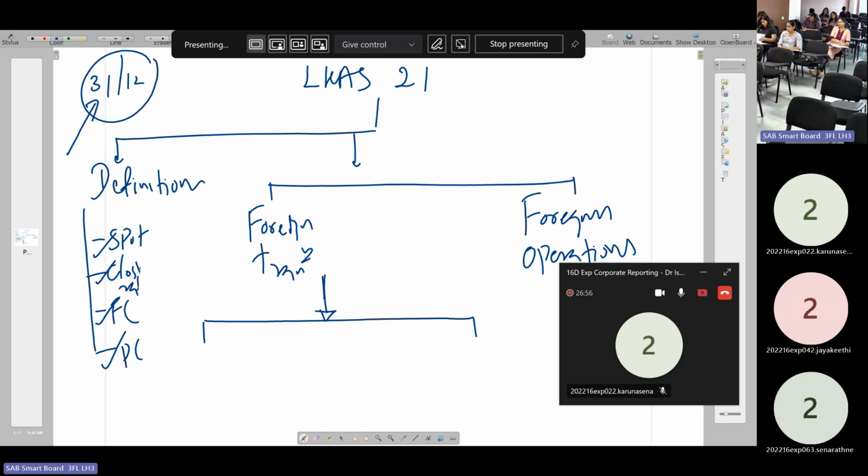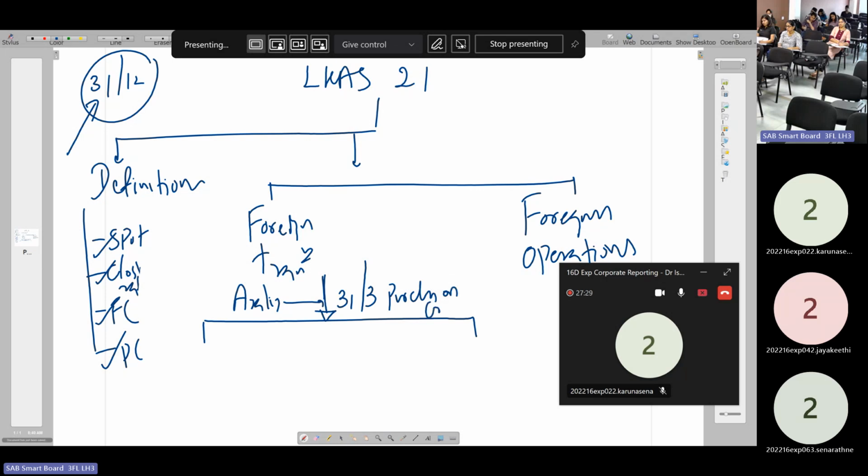We can discuss that through an example. Let's say in this entity, the reporting date is 31st March. The entity purchases goods for 5,000 US dollars on credit.